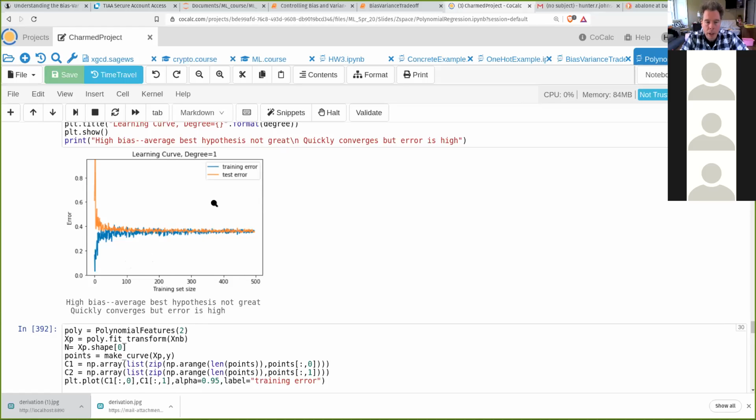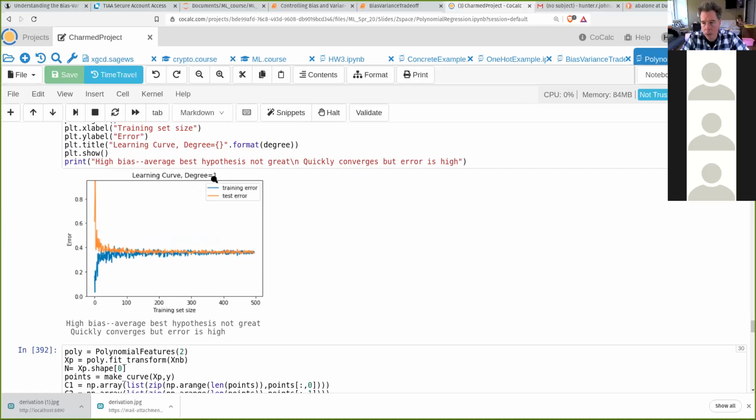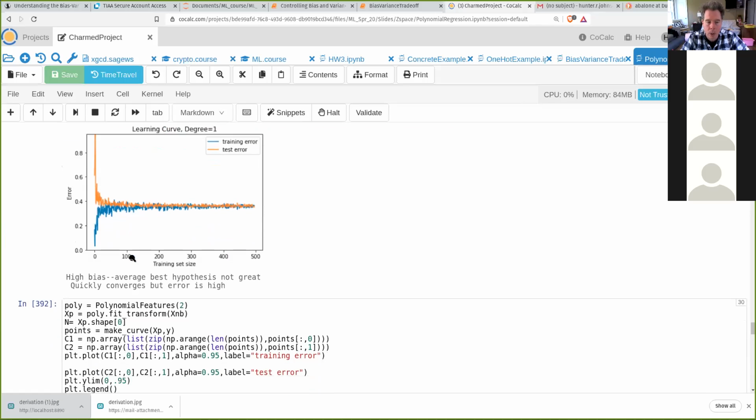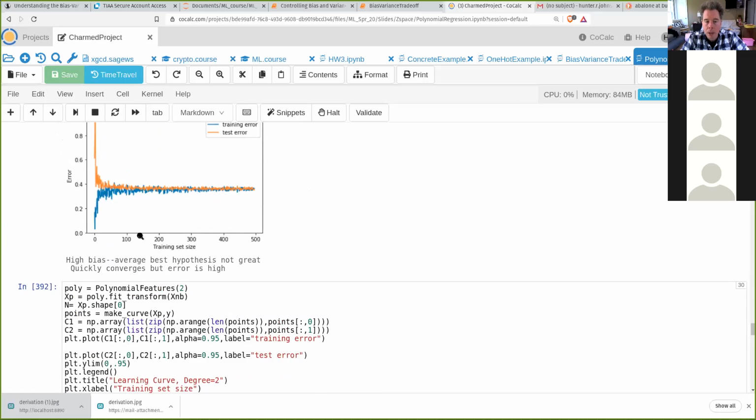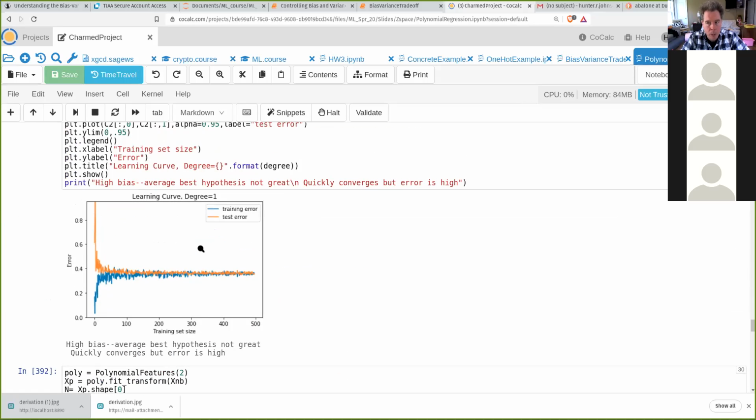So you try different levels of complexity. Here's low complexity, degree 1. The training error and the test error slam together pretty quickly to an error value that's relatively high. That means this is a high bias situation, so increasing complexity will probably help this problem.